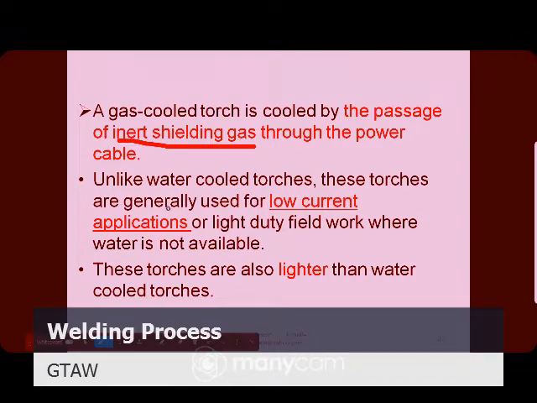Unlike the water cooled torch, these torches are generally used for low current when compared with the water cooled type.